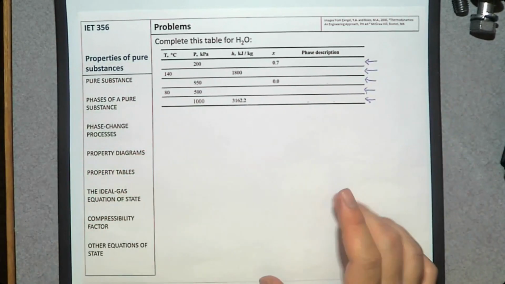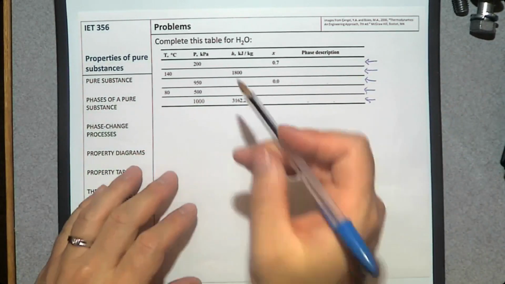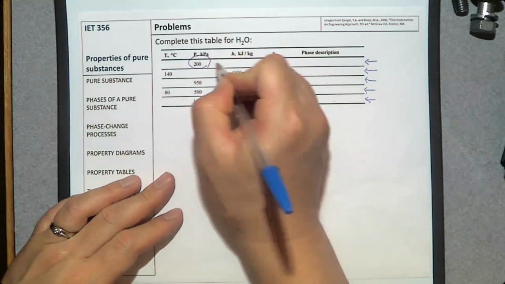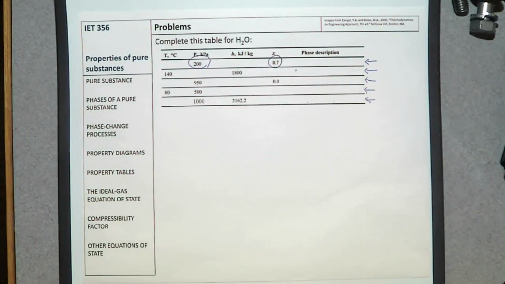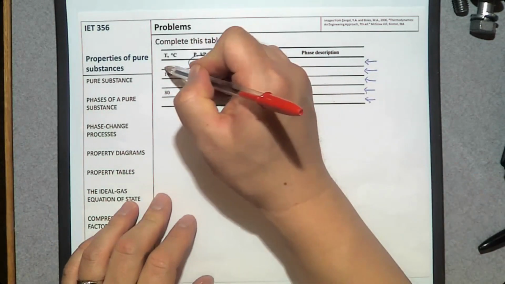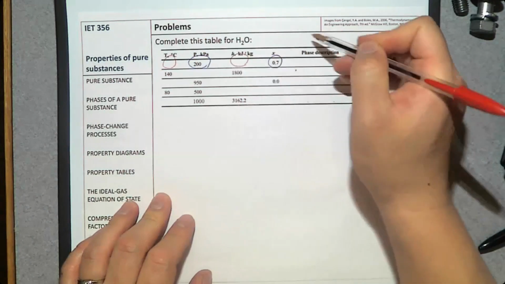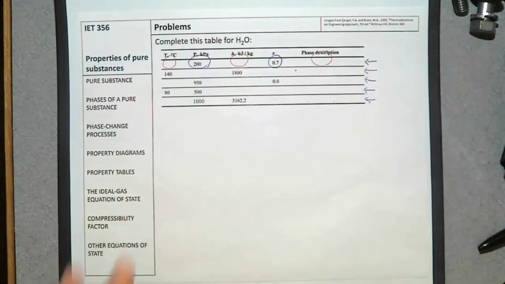For example, in the first row, we have a pressure and quality X. Based on this information, we are going to determine its temperature, its specific enthalpy, and its phase.